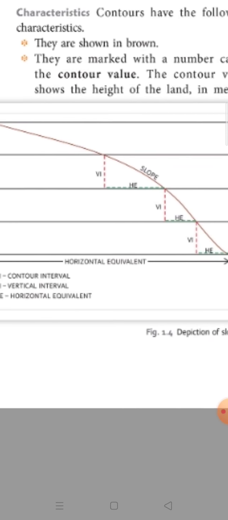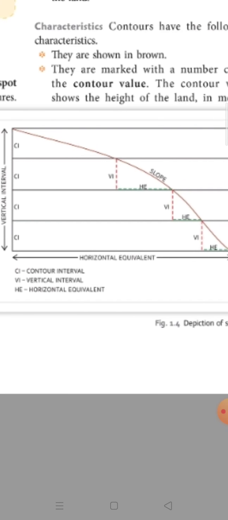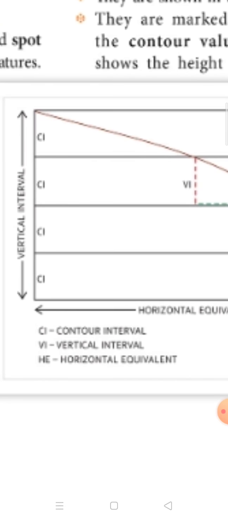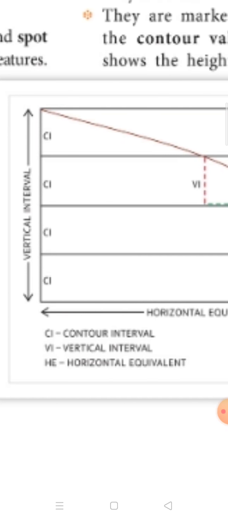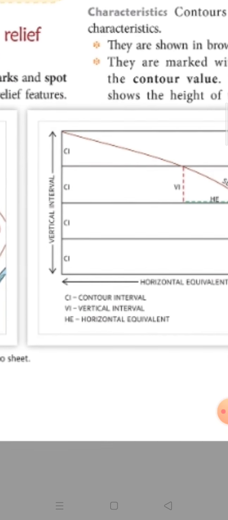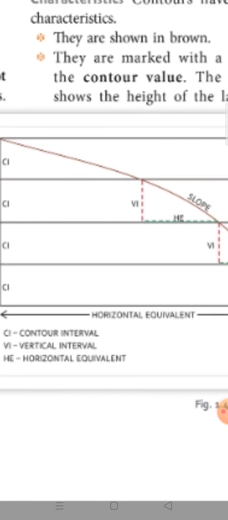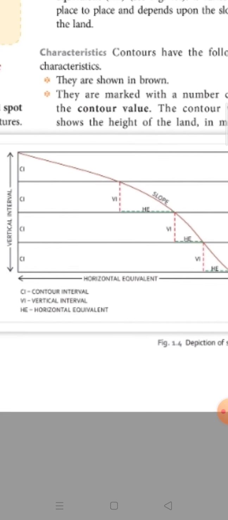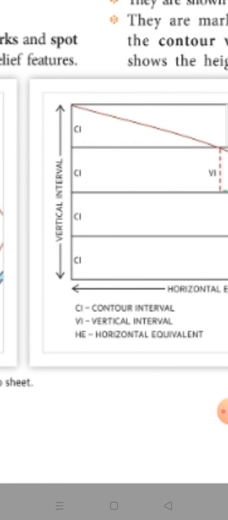Then this is the horizontal equivalent. Then here CI, CI, CI, CI, VI, HE. VI means vertical interval. CI means contour interval. What are the contour intervals? Each box is a contour interval.